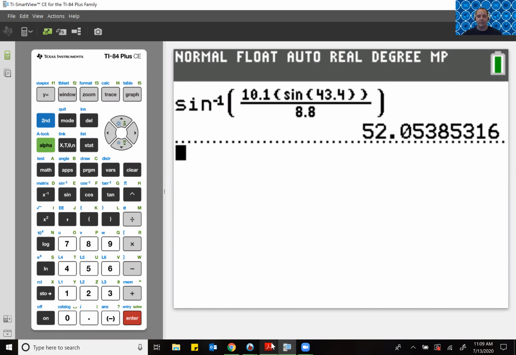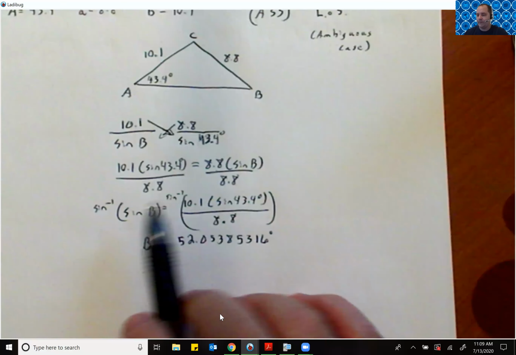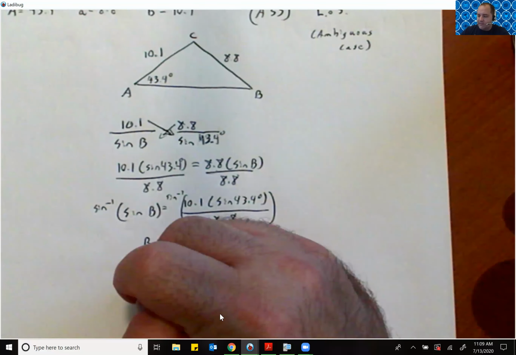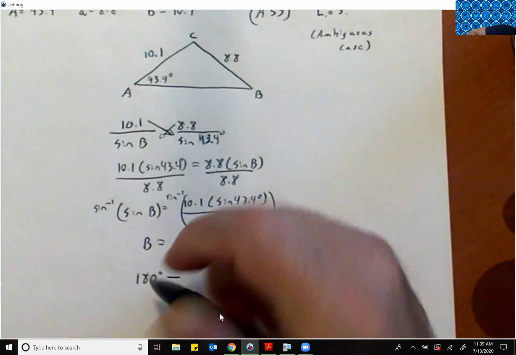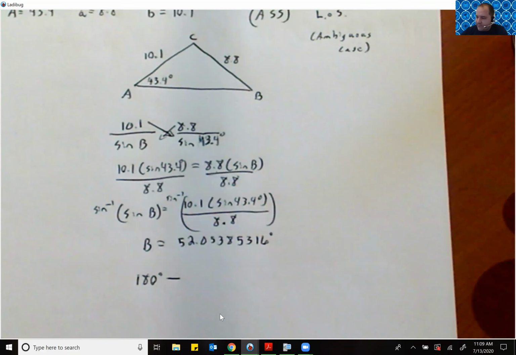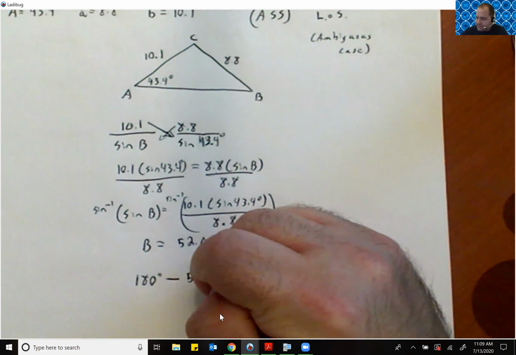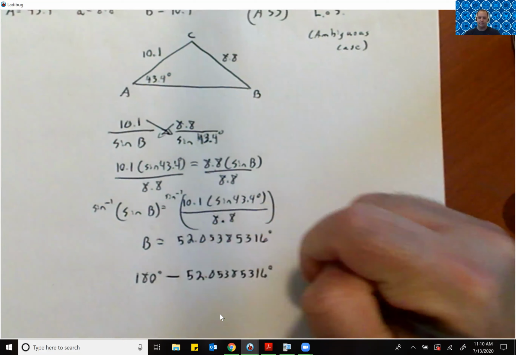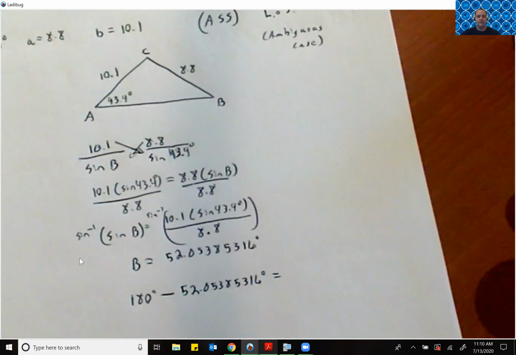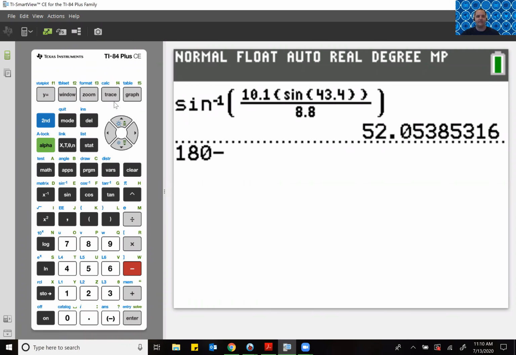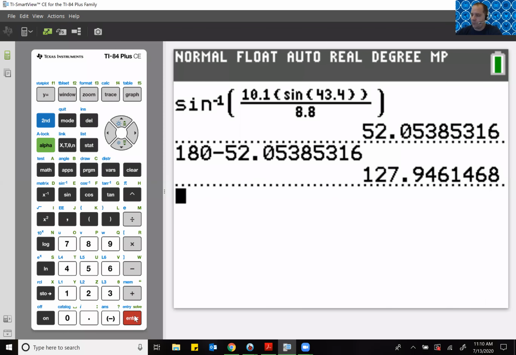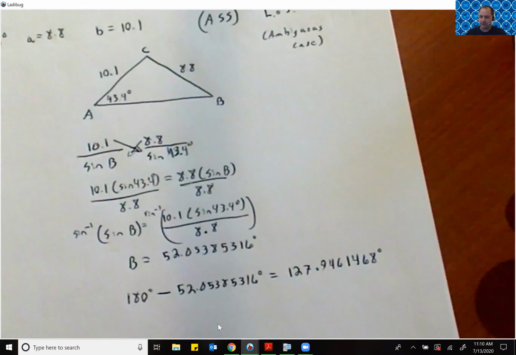So that's one possible measure of angle B. Well, we're going to take 180 degrees minus that angle. 180 minus that angle gives us 127.9461468 degrees.